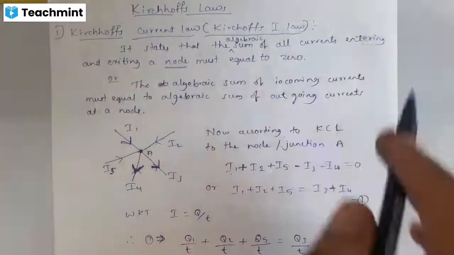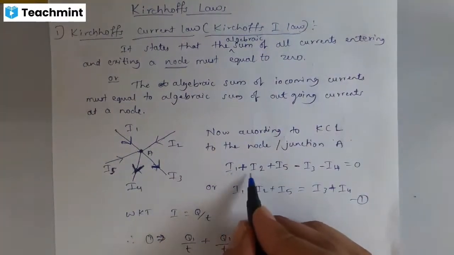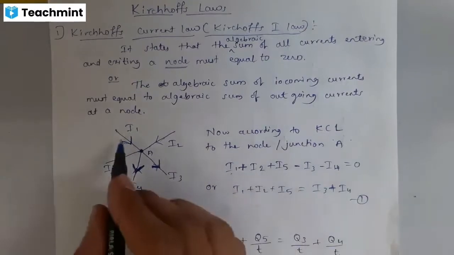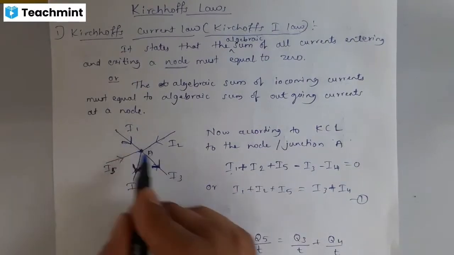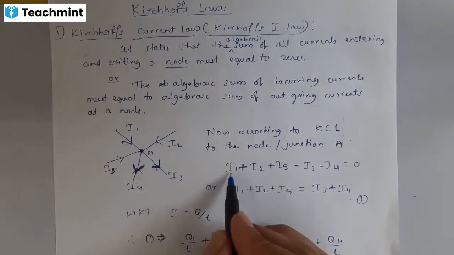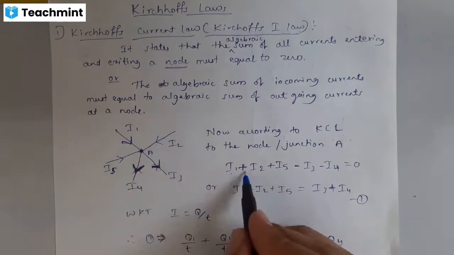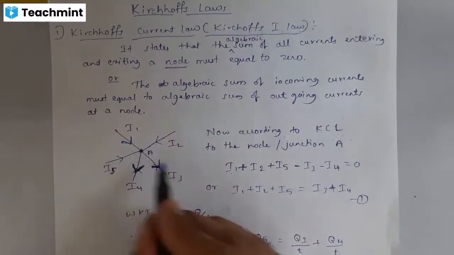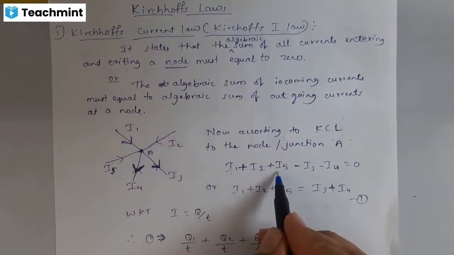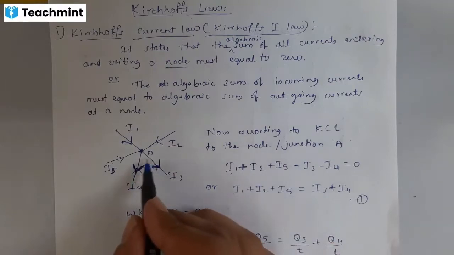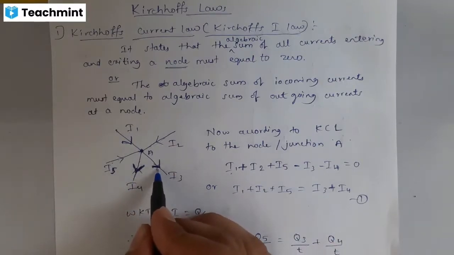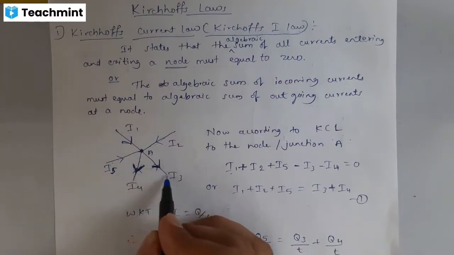According to the first statement, you can write like this: I1 plus I2 plus I5. Whatever is coming in, I will consider as plus. I1 is coming in, so plus I1. I2 is coming in, so plus I2. I5 is coming in, so plus I5. Now I3 is going out, right? So I will consider it a minus I3.